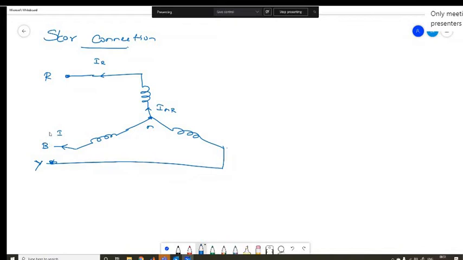Let's say this is the current IB, and similarly this is the current IY.